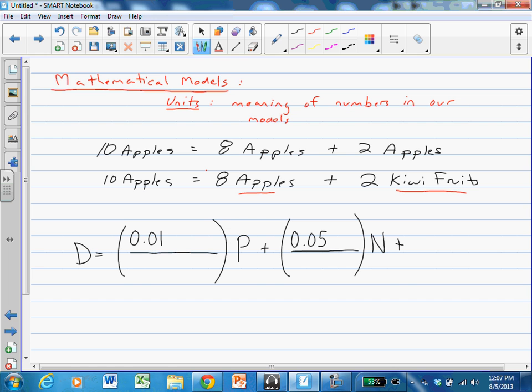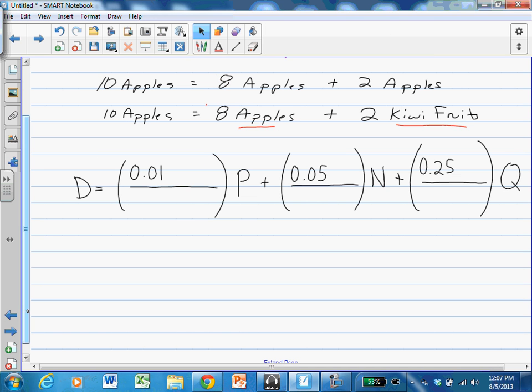Well, this is a common formula that we use every day. Give it some thought. Good. You probably figured out it was dollars, right? The number of dollars given the number of pennies, nickels, and quarters you have.